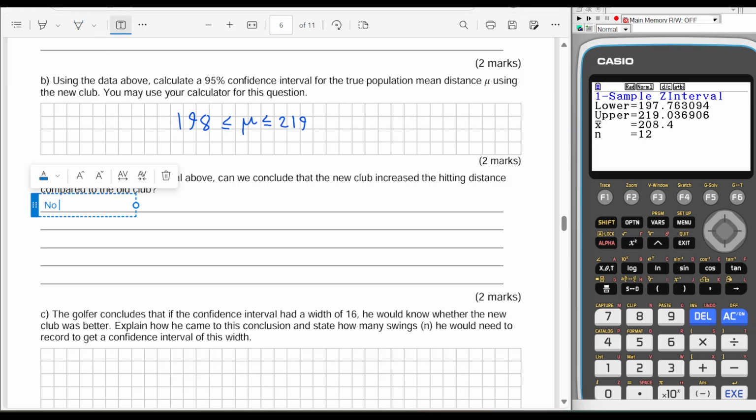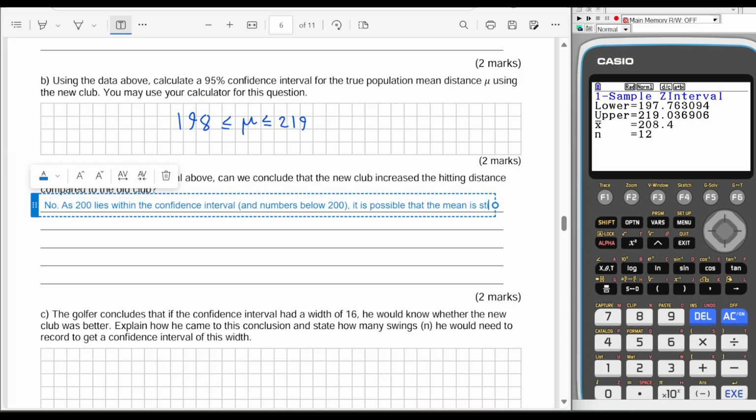No. As 200 lies within the confidence interval, and numbers below 200, it is possible that the mean is still at 200 or below. So yeah, something like that.